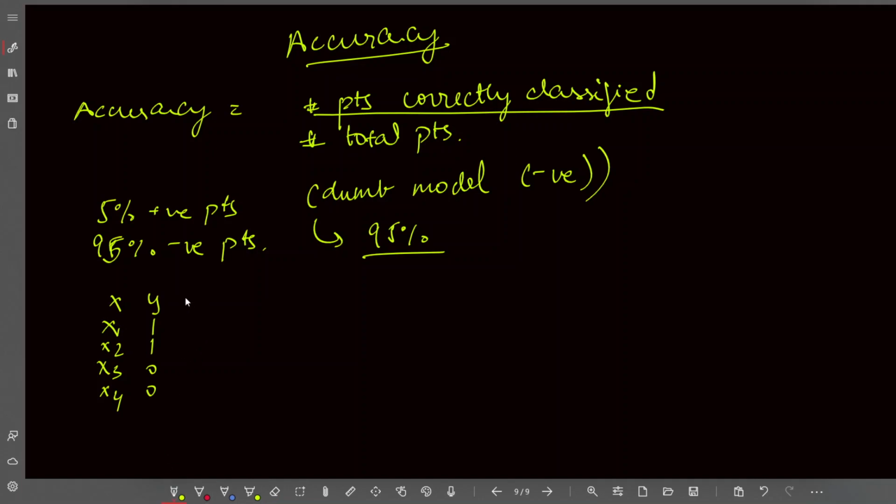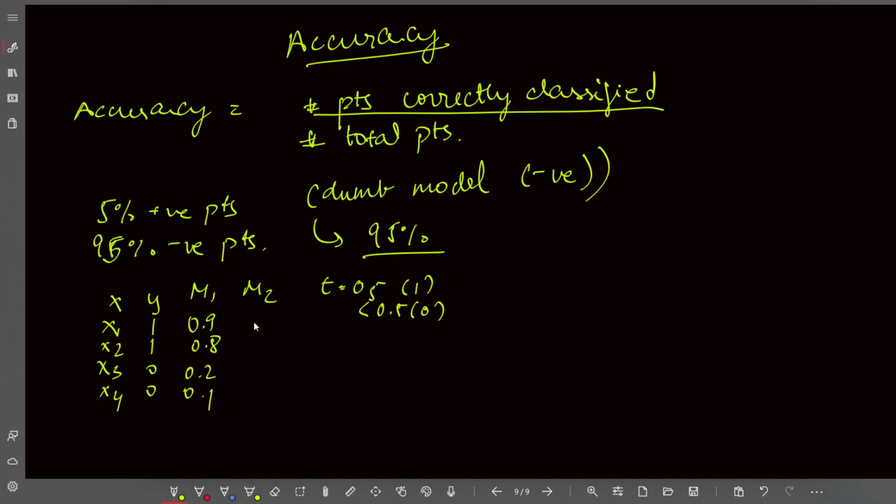Let's assume that I have two models, model 1 and model 2, and they both give me probability values as outputs for my data points. The first model gives me something like 0.9, 0.8, 0.2, 0.1. My threshold here is 0.5, so greater than 0.5 is 1 and less than 0.5 is 0.